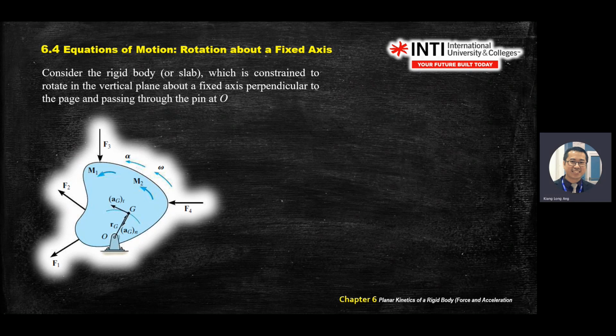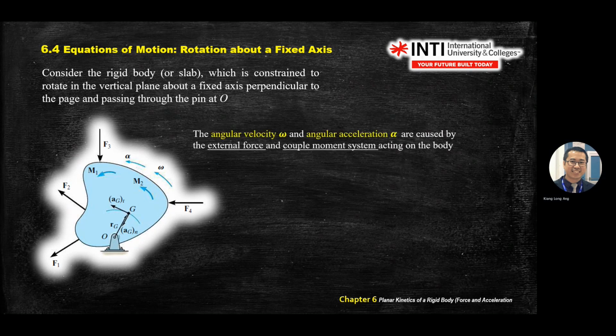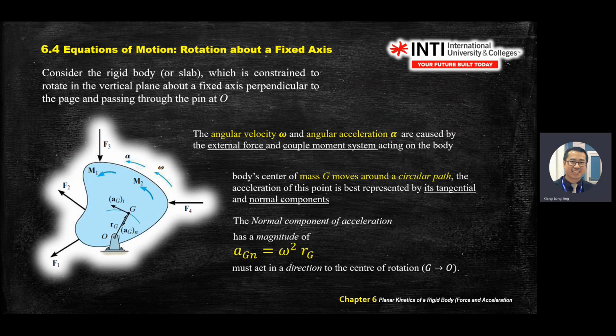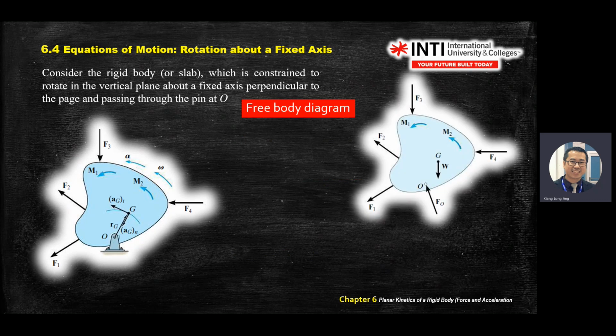You can find this with omega and alpha. So again, tangent is alpha r, normal is omega square r. By now you should know already. The rest you go and read the slides. Change the free body diagram and kinetic diagram, still the same.